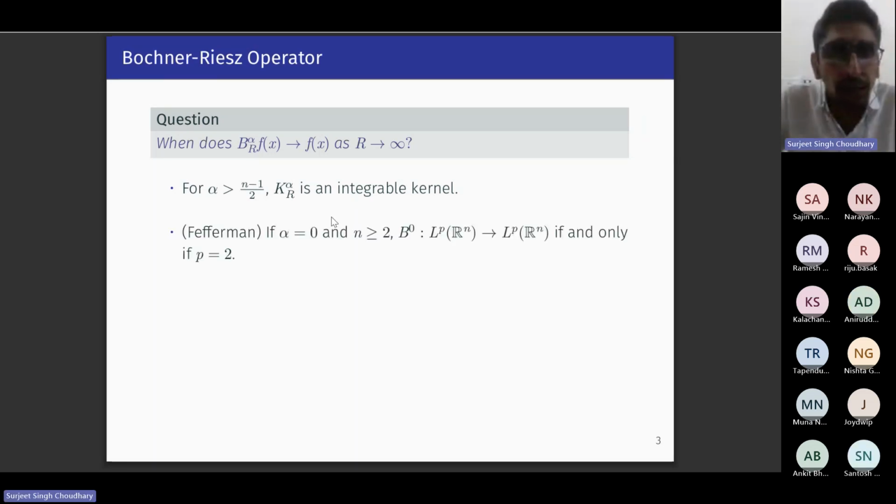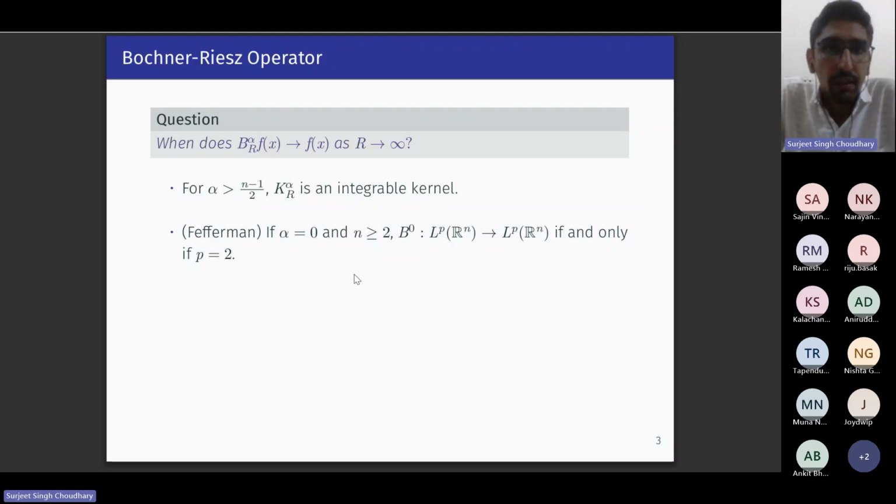And when alpha is 0, the well-known result of Fefferman says that the operator B_0 is bounded from L^p to L^p if and only if p is 2. So basically, if it's just the characteristic function of the ball, then we have L^p boundedness only when p equals 2.